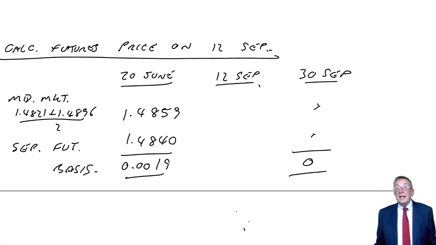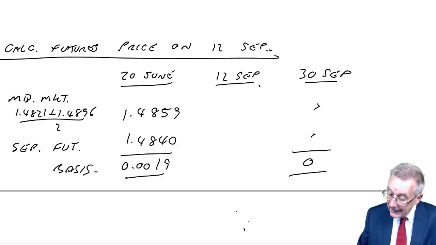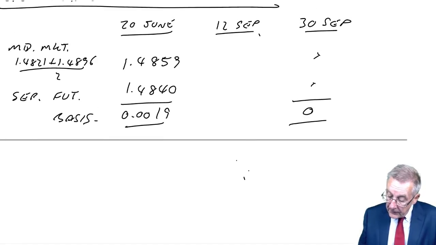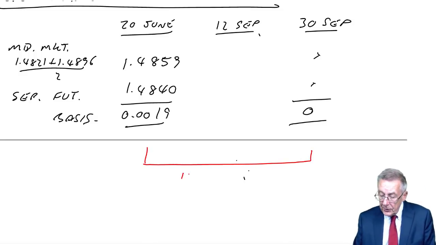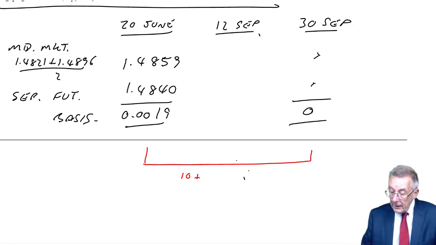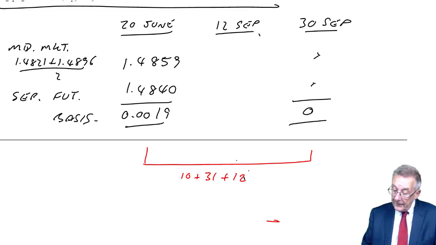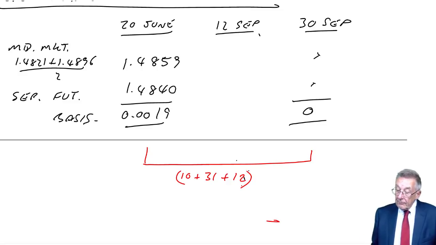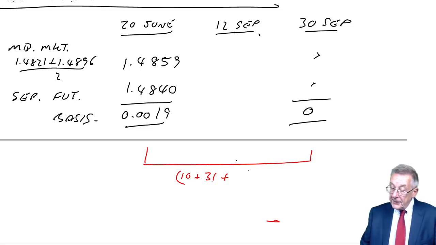Well, in the last one, it was ends of months or beginnings of months, so it was whole months. Here, really, you'll have to work in days. So from June to September, well, to the 30th of June, there's 10 days in June. 31 days in August, 30 days in September.